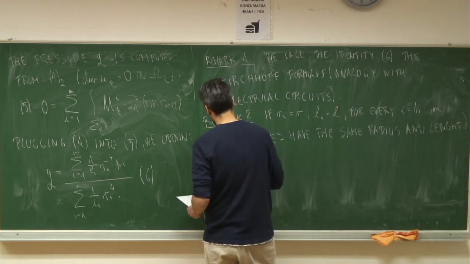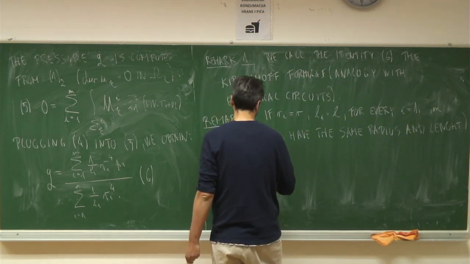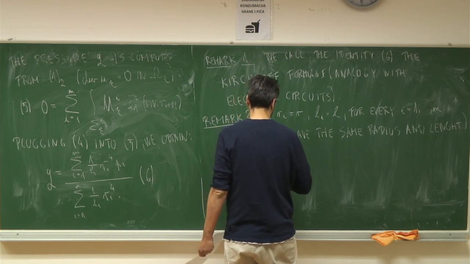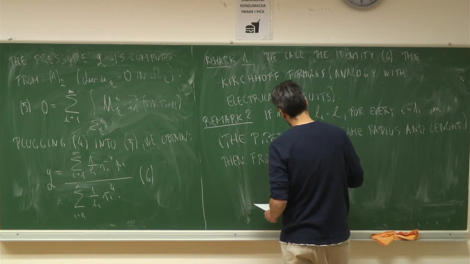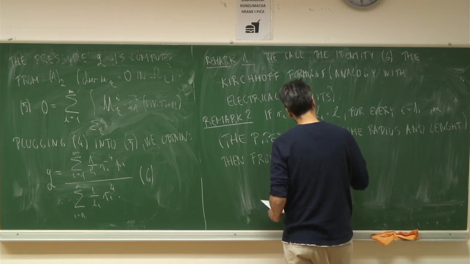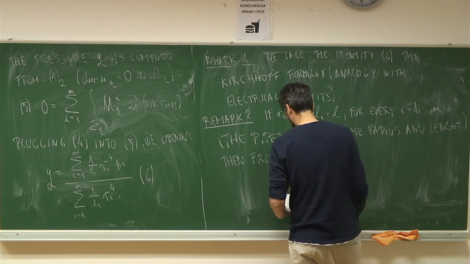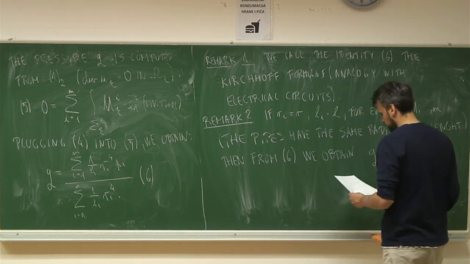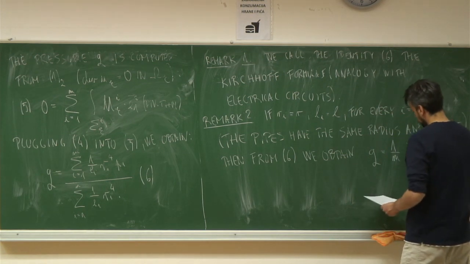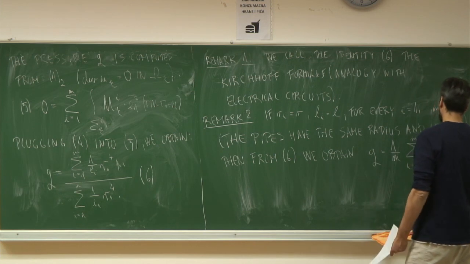Then from 6, we obtain that q is 1 over m, so very simple formula, the sum for i from 1 to m of π_i.